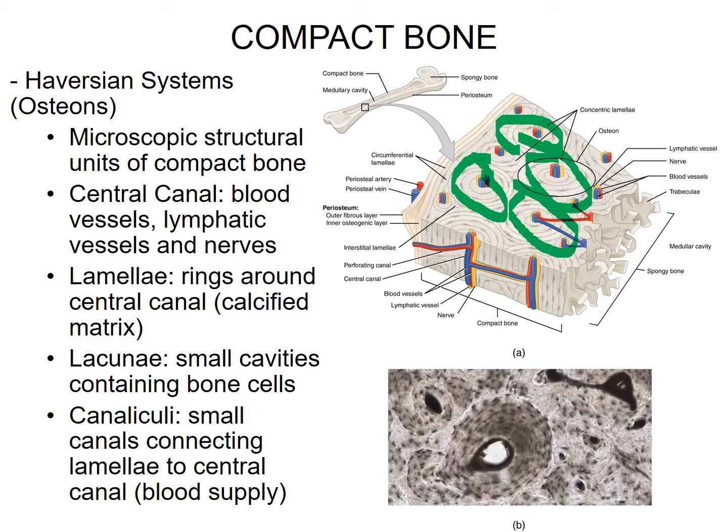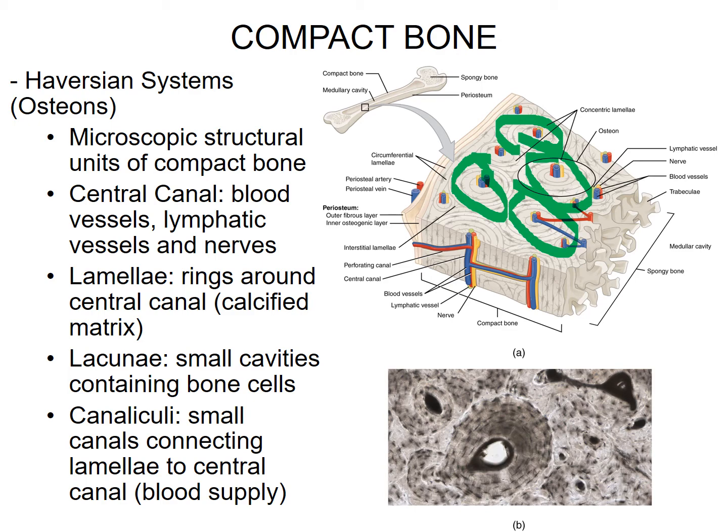So inside of the osteon, usually dead smack in the middle, is an opening, and we call that opening the Haversian canal, also known as the central canal, and that's where our blood vessels and our nerves are going to be coming out of. And then everything pretty much surrounding that central canal is going to be referred to as lamellae or lamella. And then all throughout the lamella, we have those small black slits, those black dots that you see all throughout the microscope picture.